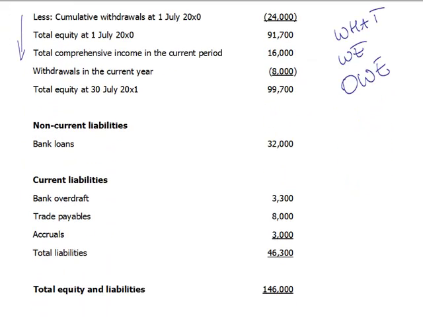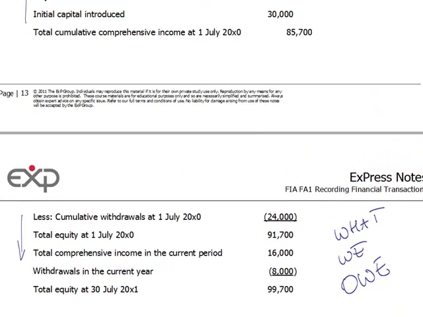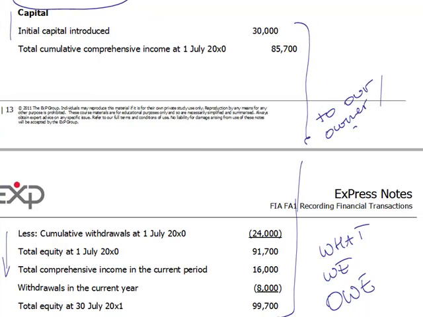Liabilities is what we owe to external third parties, while capital for a sole trader or equity for a company is what we owe to our owners, shareholders.